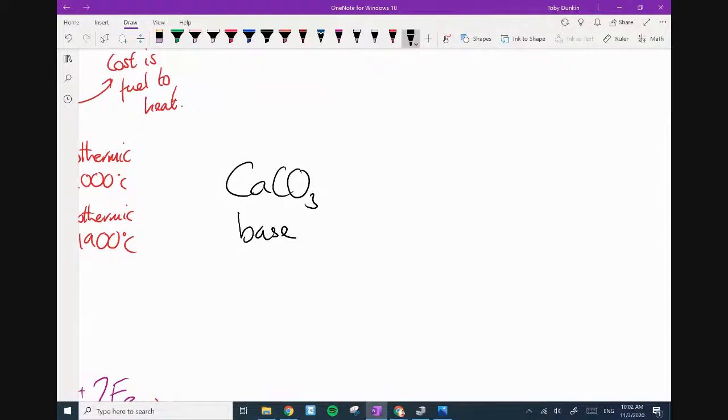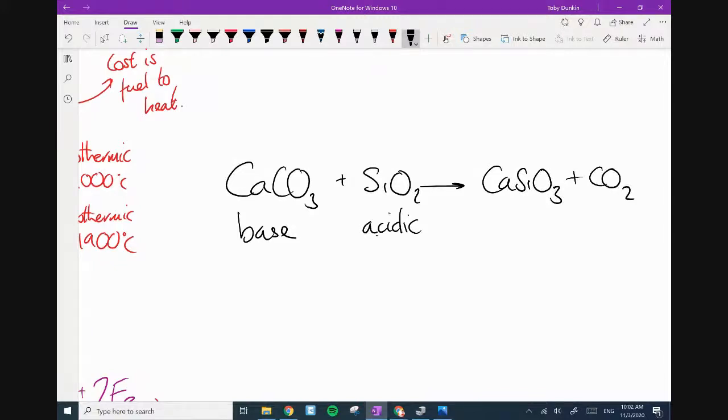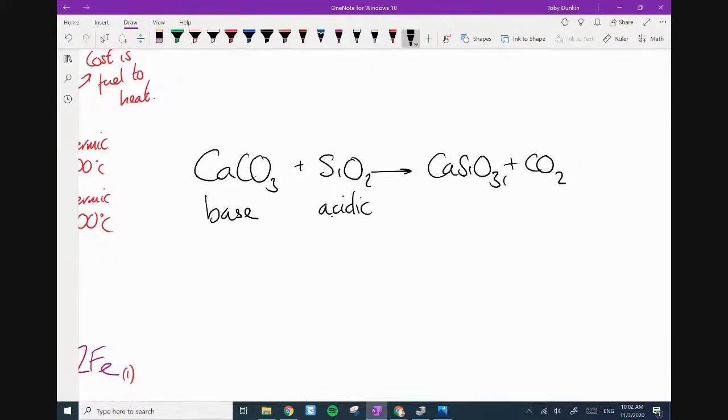Metal oxides and metal carbonates are all the opposites to acids, they're bases. That's going to react with sand, and sand is acidic. It reacts to form calcium silicate and carbon dioxide. And that comes out as a liquid. And it's actually given a rather awkward name. It's called slag. Calcium silicate, common name slag.